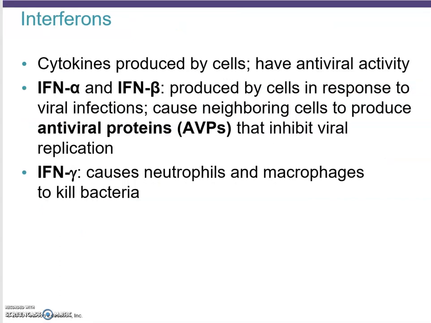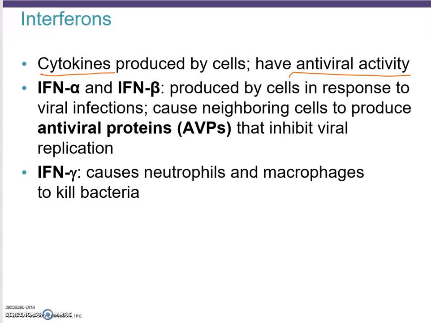And our final topic here for this lecture on innate immunity is interferons. Interferons are the cytokines that are produced by cells. They have antiviral activity. Basically, the purpose of interferons is that they're being released by cells that have been invaded by a virus.